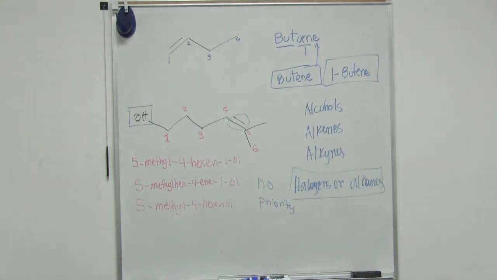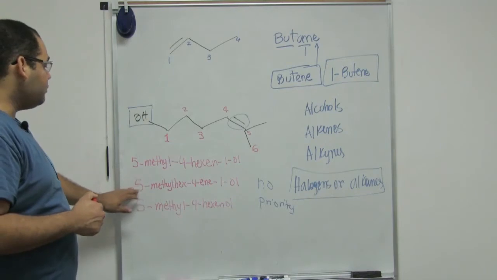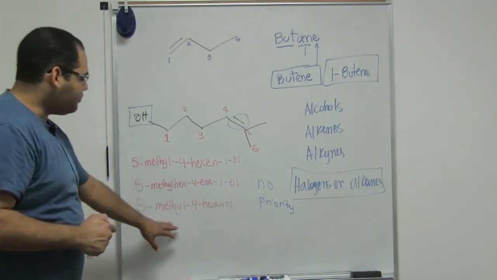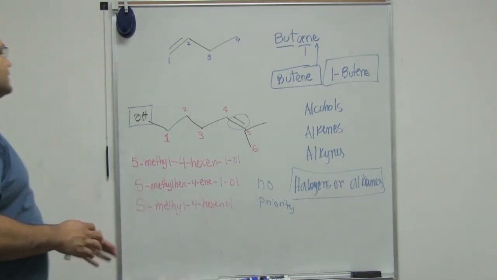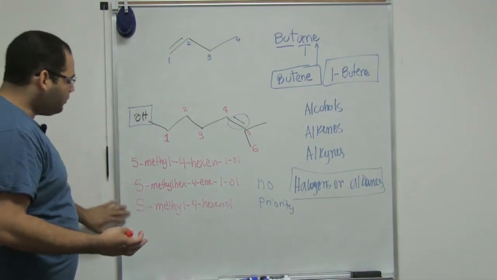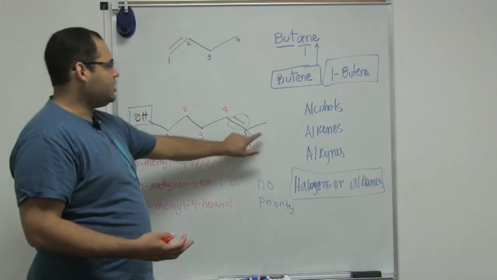So there are 3 ways to write it: 5-methyl-4-hexen-1-ol, or 5-methyl-hex-4-en-1-ol, or 5-methyl-4-hexenol. They're 3 different ways we can write it, and all 3 are acceptable for this particular molecule.